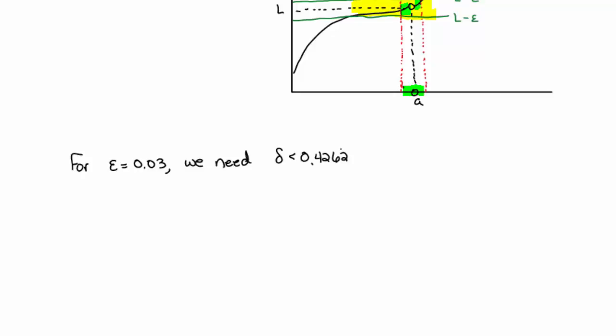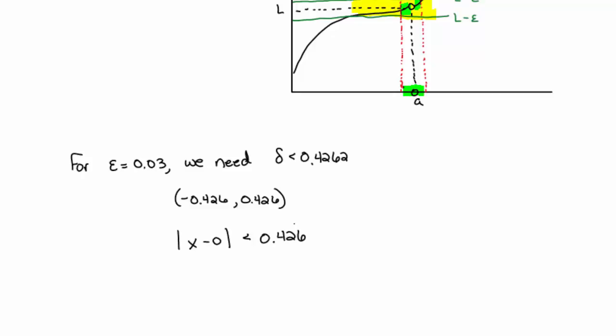And so if you really want to showcase the delta neighborhood, you would say it goes from negative 0.426, rounding to 3 decimal places, all the way to positive 0.426, because it's centered at 0. Another way to write this is to say that we require the distance between x and 0 to be less than 0.426, or 0.4262 if you want 4 digits.